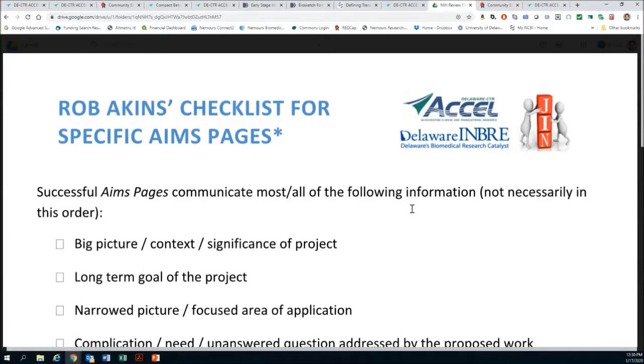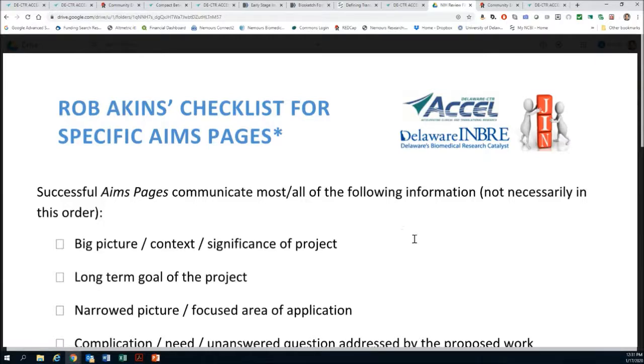So as you're getting all your administrative stuff started, the key page that you really want to focus on is the specific aims page. It's a summary of what you're planning to do. Rick McGee, who's at Northwestern, a number of years ago actually did a study where he looked at successful versus non-successful specific aims pages for a bunch of NIH grants.